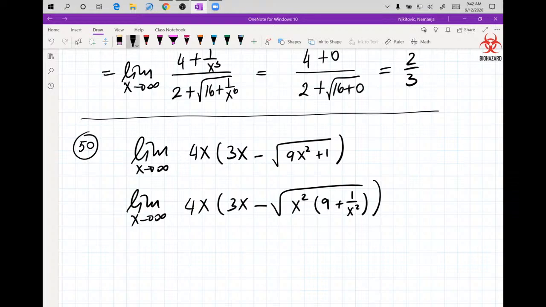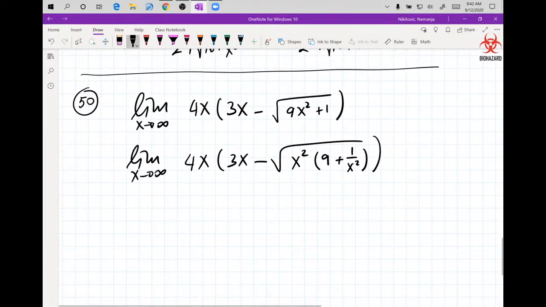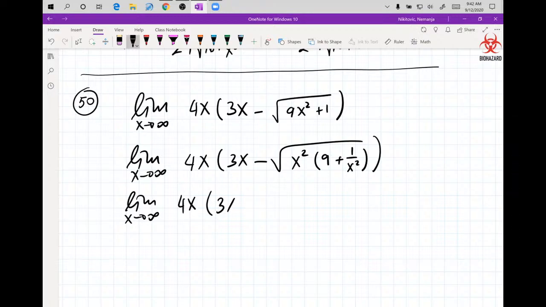Now, I can kick this x squared outside, and it will become limit x goes to infinity, 4x, and now this becomes x over here, and we have this. I cannot take square root of 9 and x squared and so on because there is a minus in between.